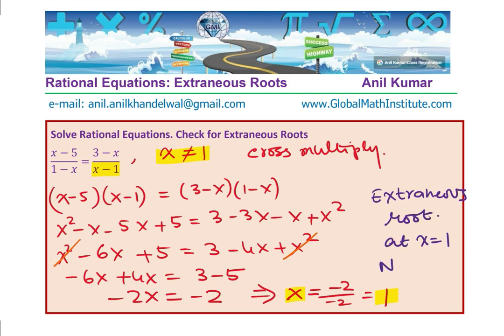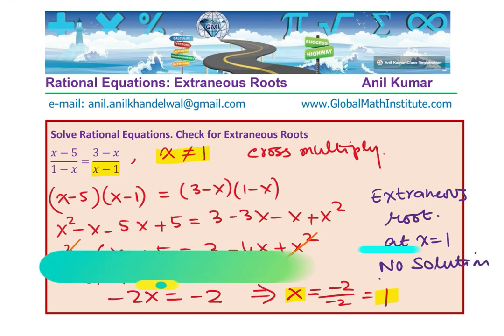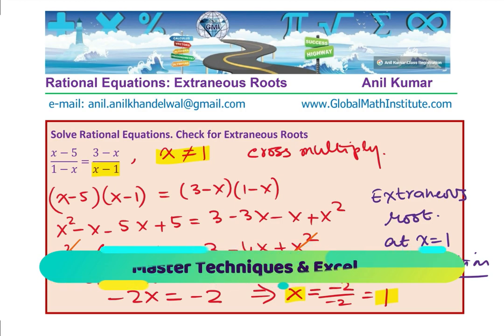So there is no solution. You get the idea. So with cross multiplication, we saw that there is no solution. Okay, so what we see here is again, there is no solution.